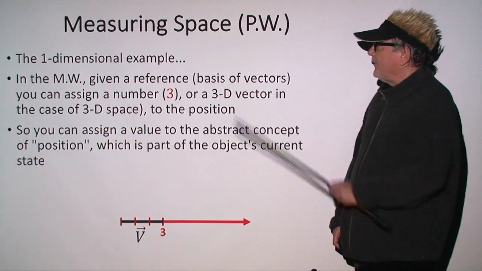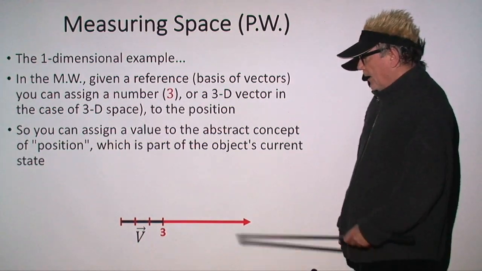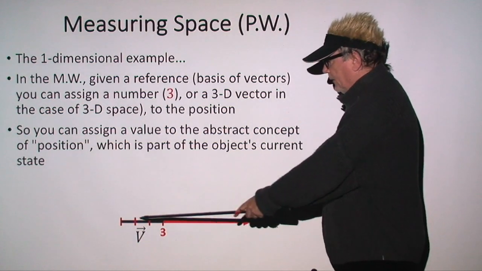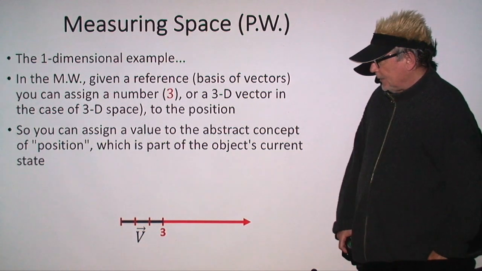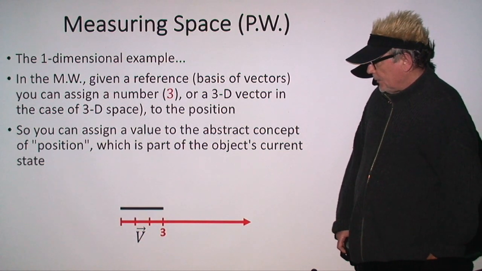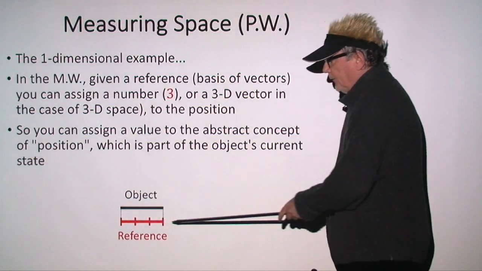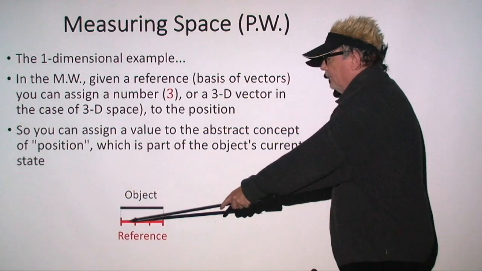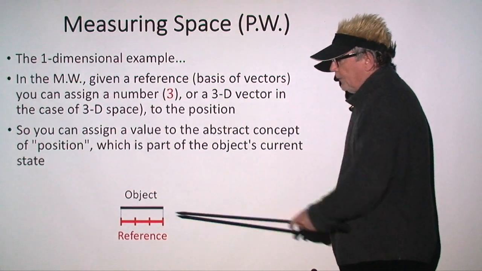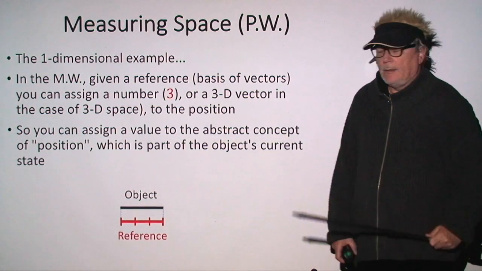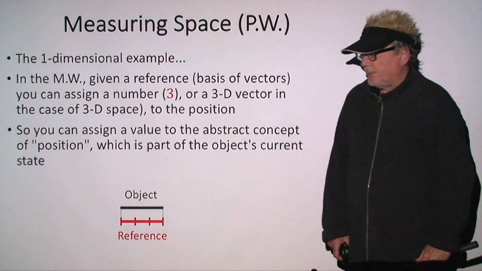Now let's see what happens in the physical world. Here, we have this object, and now we want to compare this object to a reference. Let's forget for now about the 3 units here. We can focus on 1 unit, and then the rest is pretty trivial.